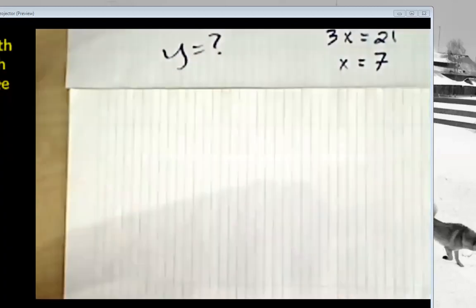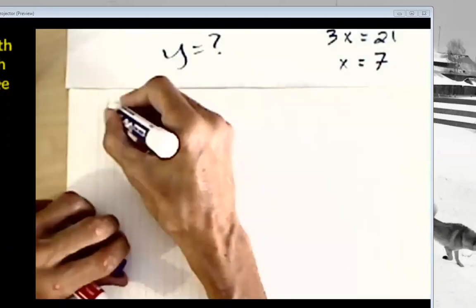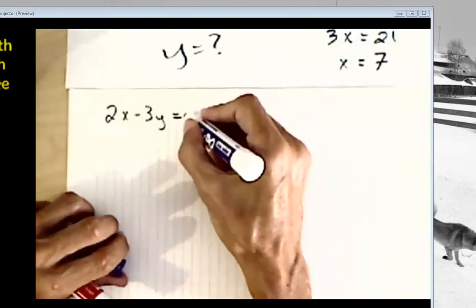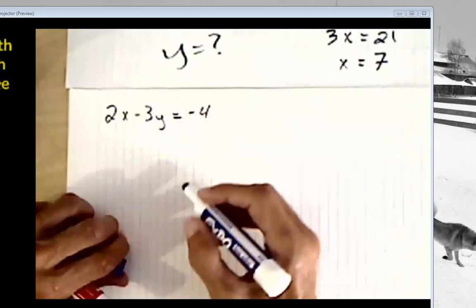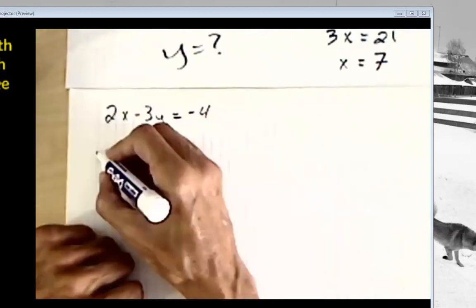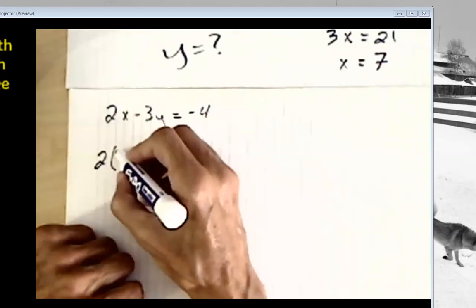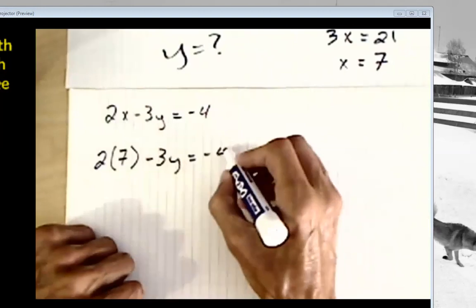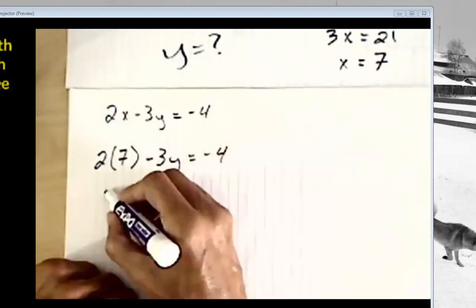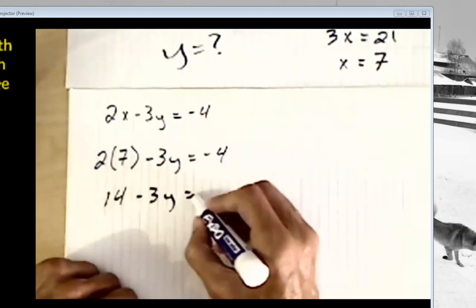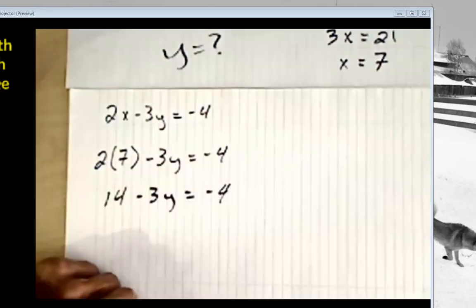Second equation is this one here. 2x minus 3y is equal to minus 4. So the x goes in there. Fourteen minus 3y is equal to minus 4, like that.